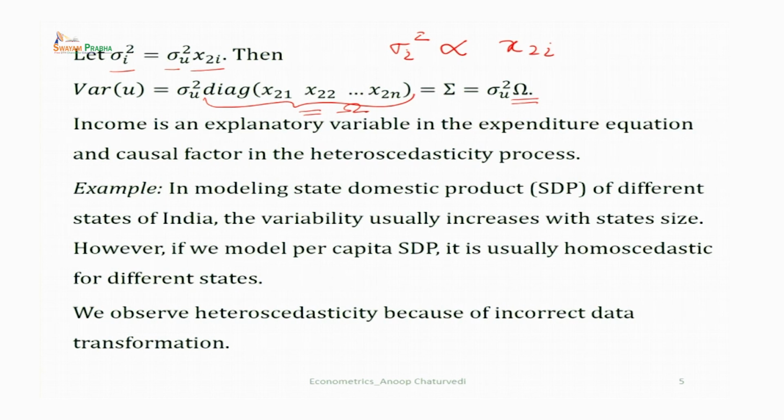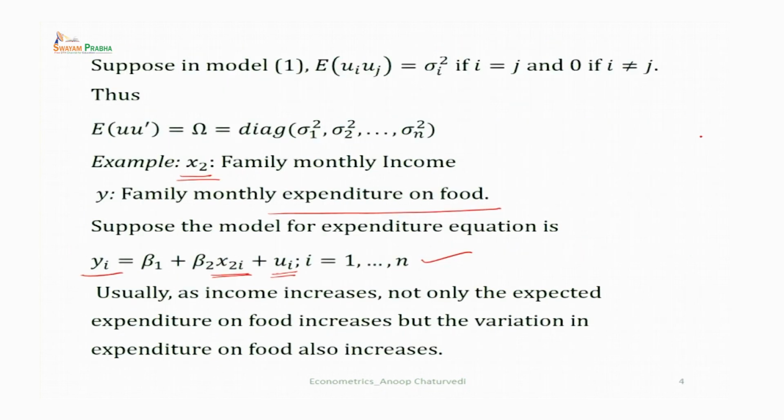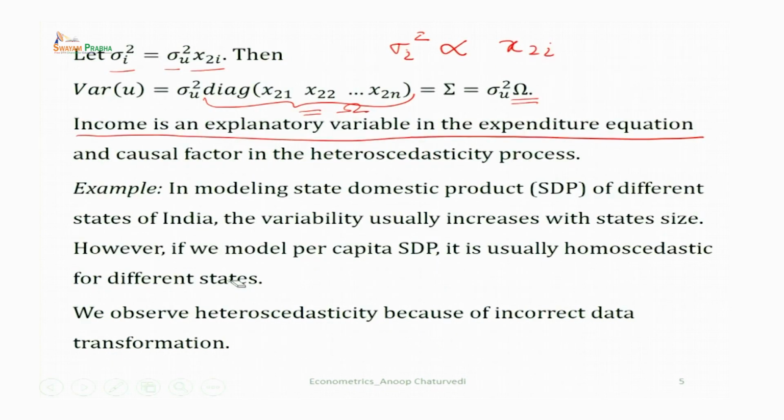So, actually this income plays two different roles in your model. Income is an explanatory variable in the expenditure equation, say here this x2i is an explanatory variable, and then income is also a causal factor in the heteroscedasticity process.